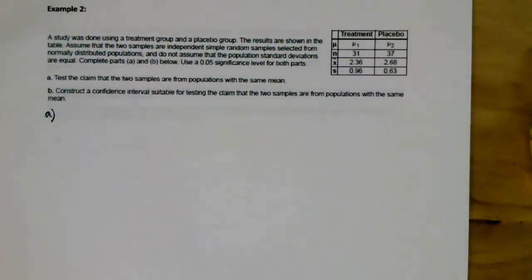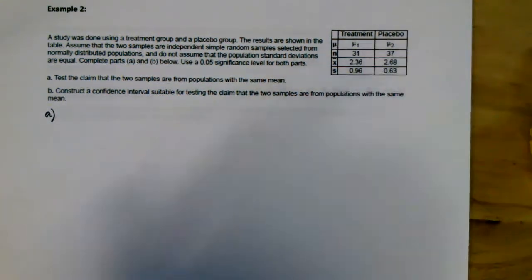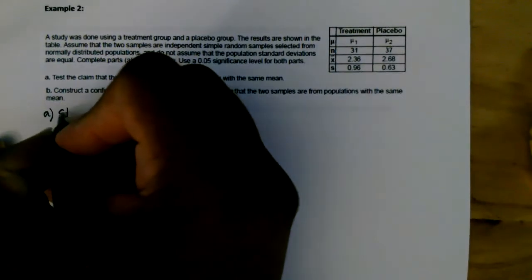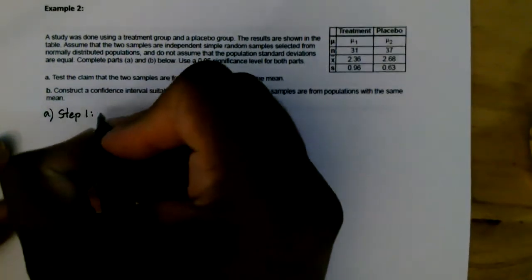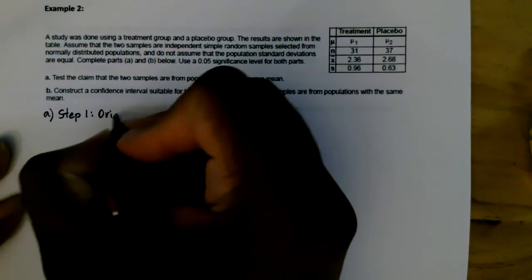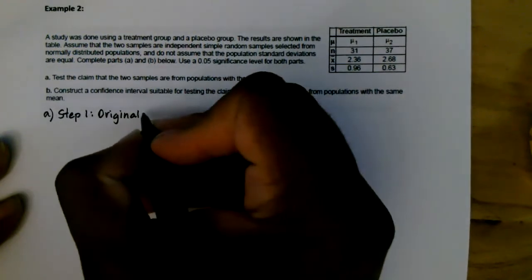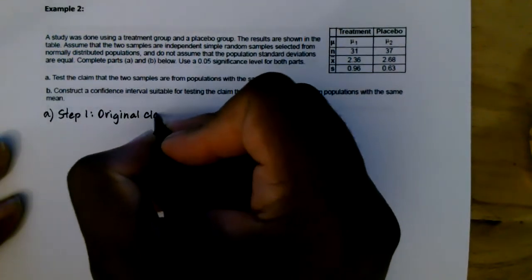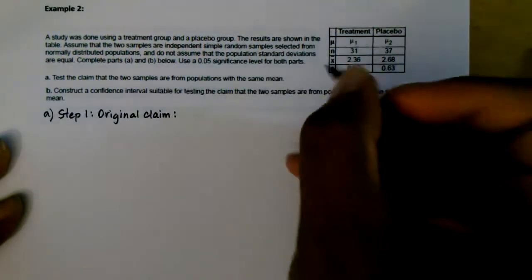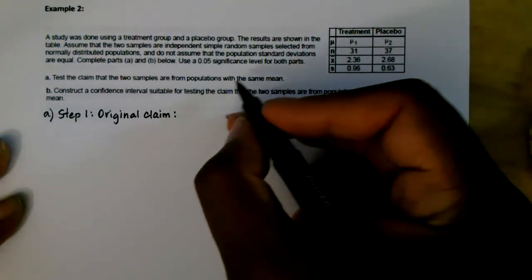So in part A, we're going to test the claim that the 2 samples are from populations with the same mean. So in other words, these 2 have to be equal. That's the claim. All right, so starting with step number 1, we want to state the original claim in symbolic form.